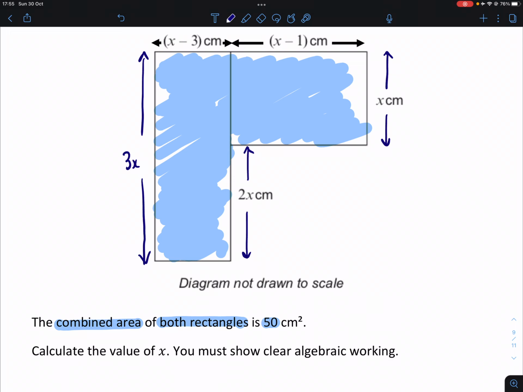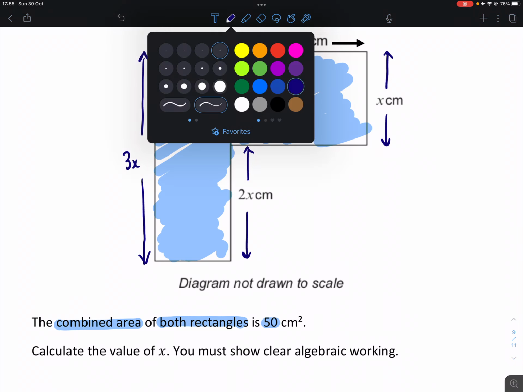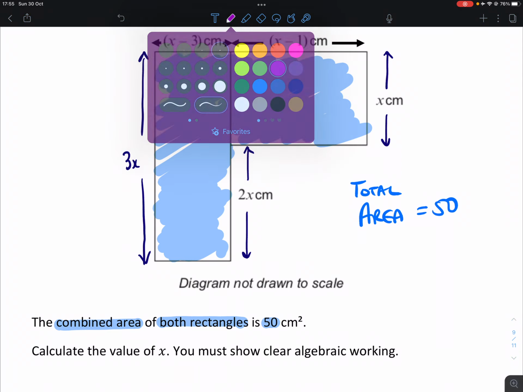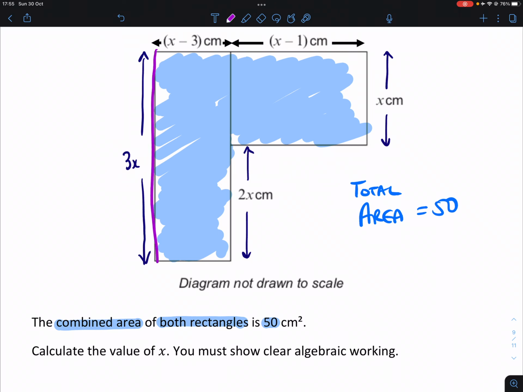Where we're going to start is looking at our picture and looking at the information that the question's given us. And it's all that stuff in blue, which is 50. So our area equals 50, our total area. And so what we're going to start with is areas of a rectangle. So our left rectangle has an area that is base times height.